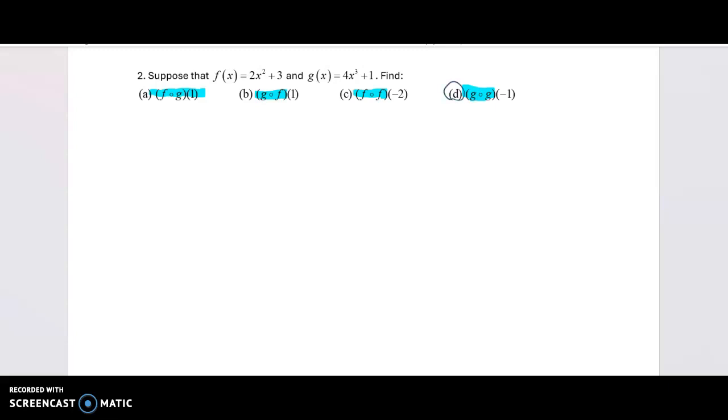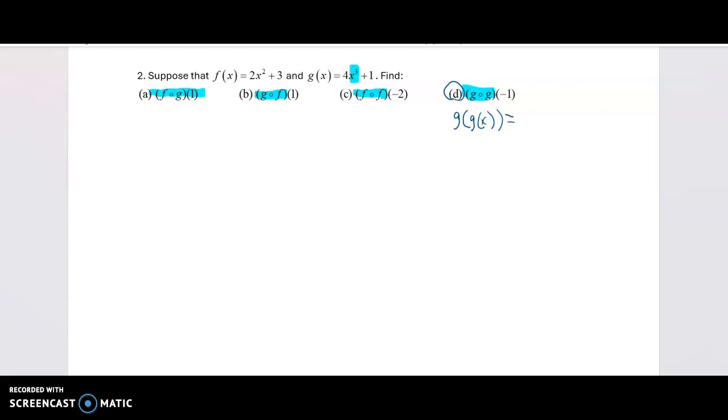I'm going to go ahead and do g of g of negative 1. First, I'm going to find g of g of x. So that means I'm going to take my g of x function, and where I see x to the third, I'm going to plug my g of x function in. So what does that look like?